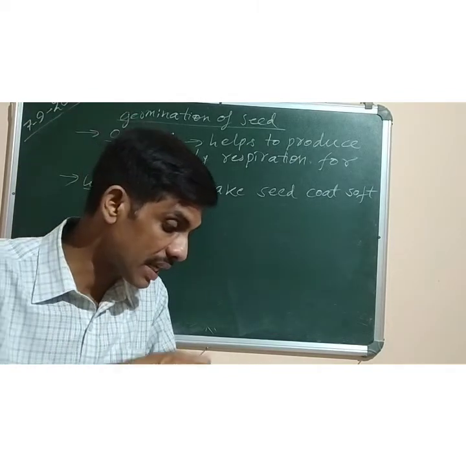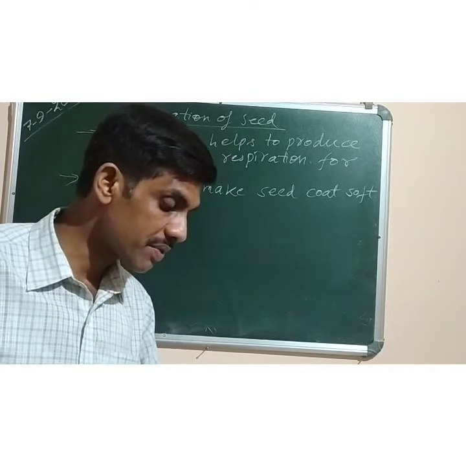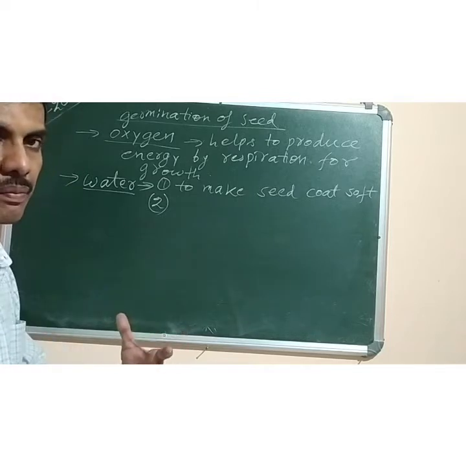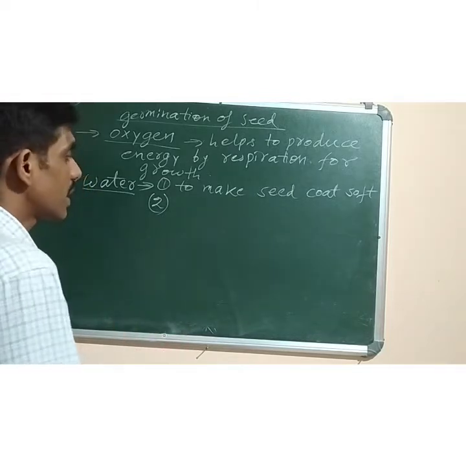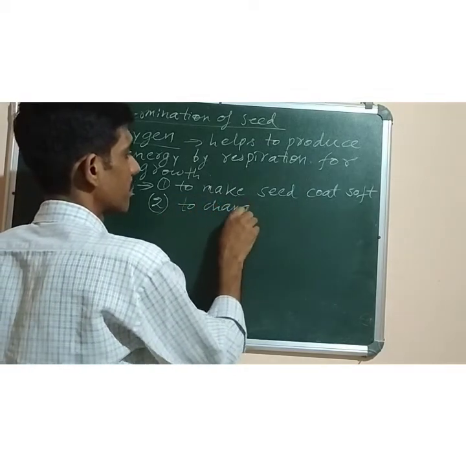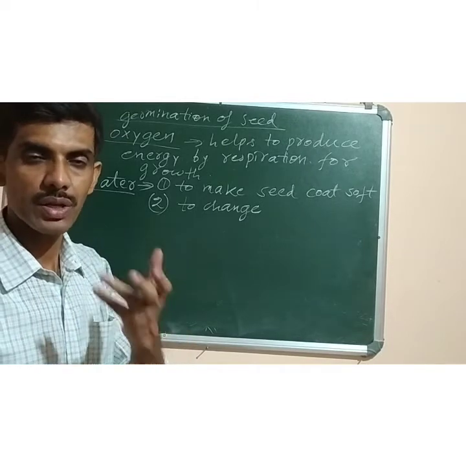But here in case of seeds, water is required because the concentrated food is converted into liquid form, to change the concentrated food into dilute liquid food. Because you know that food is stored in the form of endosperm, which is solid, concentrated.